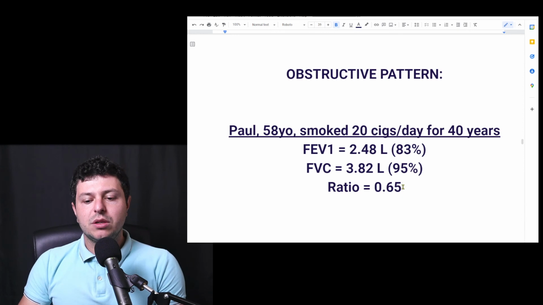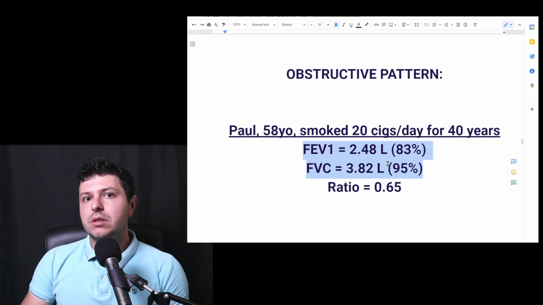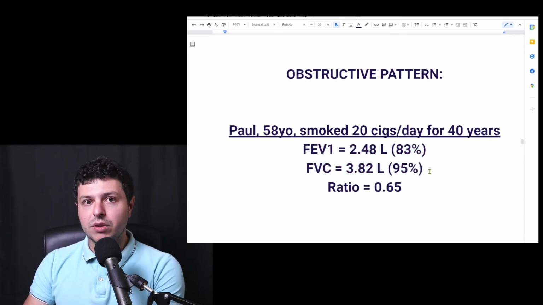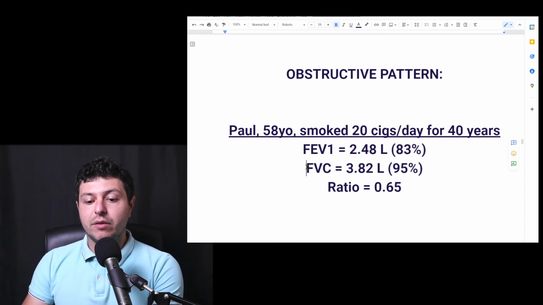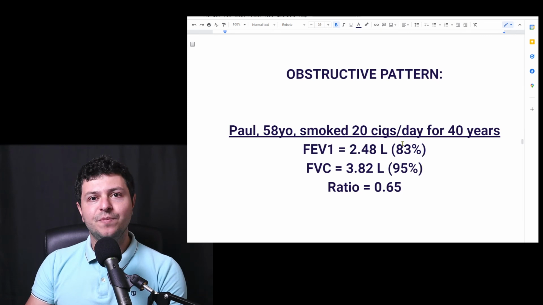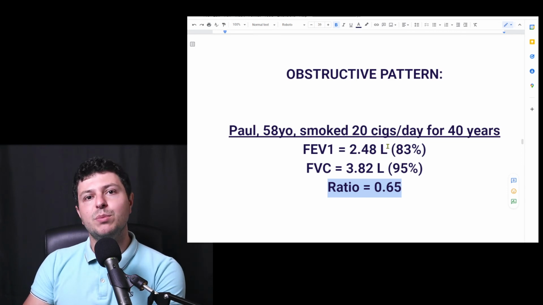So this ratio is an obstructive ratio, even though these values are normal in themselves. The percentages for FEV1 and for FVC are calculated independently. So these can be perfectly normal within the normal range, but the ratio can be obstructive. So this is something that catches people by surprise.